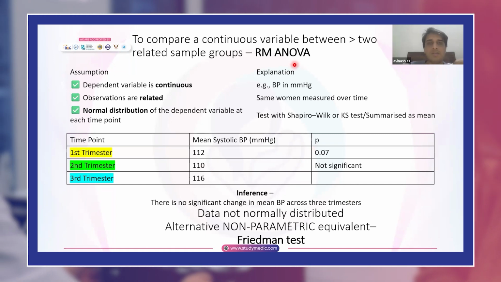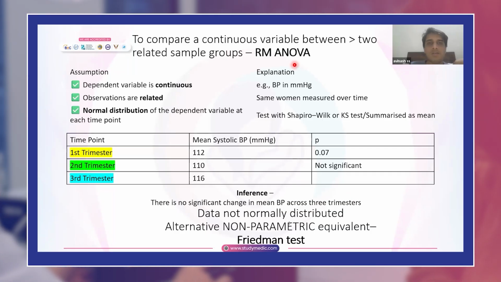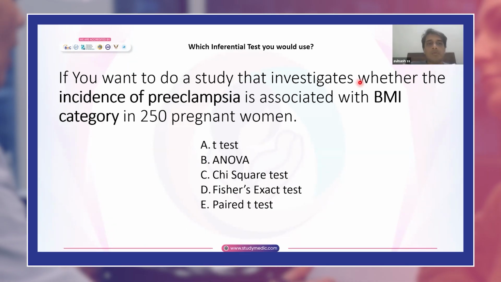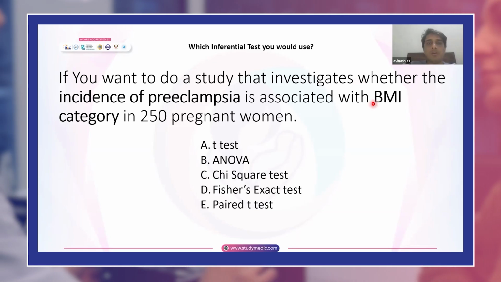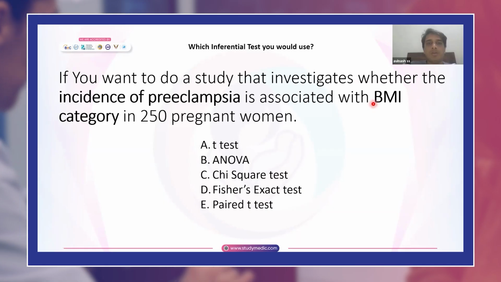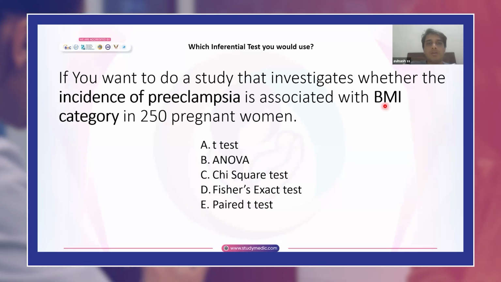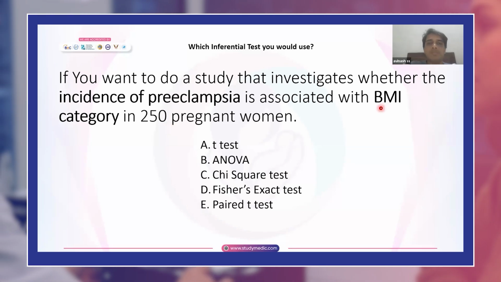Now, if you want to do a study that investigates whether the incidence of preeclampsia is associated with BMI category in 250 pregnant women, that means you are checking whether the association is with BMI category, whether BMI is high or low.